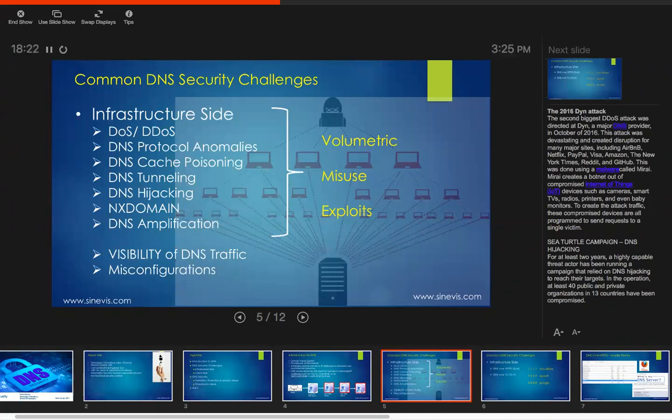So whatever solution we use, whether it's open source or a proprietary, commercial solution, it is very important to have good visibility on the DNS traffic and infrastructure, so that whenever there is any kind of abnormal behavior, it's quickly detected, and the incident response process can be taken into account.